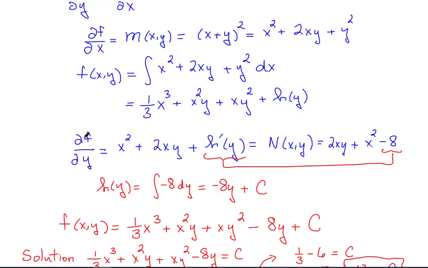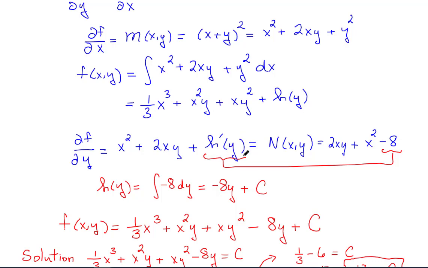So taking the derivative of this function with respect to y now, the derivative with respect to y, this term is 0. With respect to y, this term is the constant, so I get x squared. The derivative of this term with respect to y is 2xy and h prime.